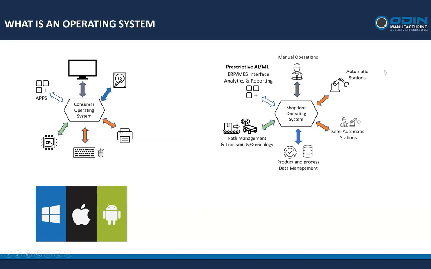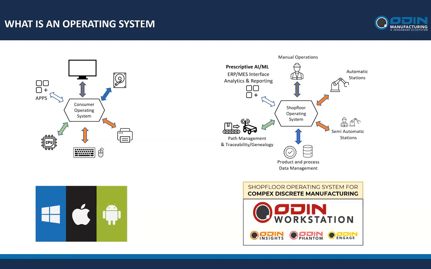So you need to consider the whole system as one and not individual elements, because then you don't take advantage of the combination of prescriptive AI together with a semi-automated process, in addition to, for example, the process that can be optimized. And what we've done is we built this all into a product that we call Odin Workstation.